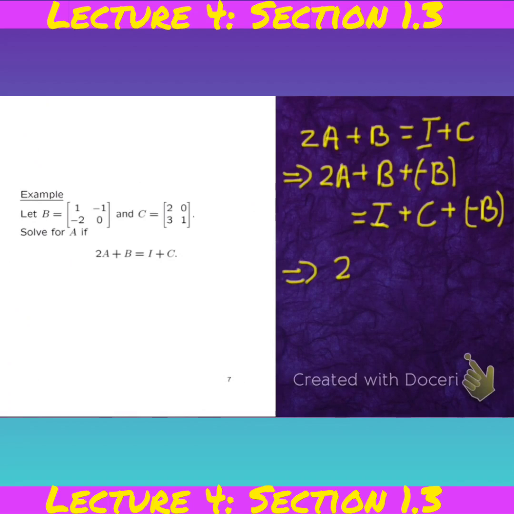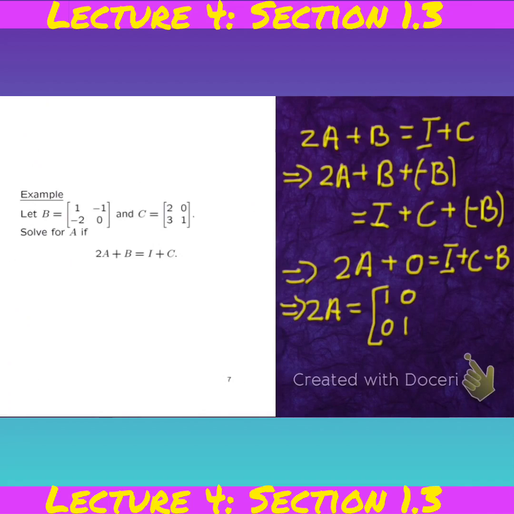So on the left-hand side, the B matrix will cancel with its negative to become the 0 matrix. And on the right-hand side, we've got a sum of 3 2 by 2 matrices. Okay, so that's easy to simplify the left-hand side. That becomes 2A, and that is equal to the 2 by 2 identity matrix, which is 1 0 0 1, plus C, which is given.